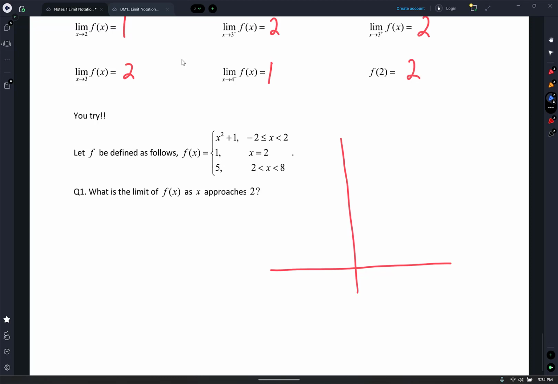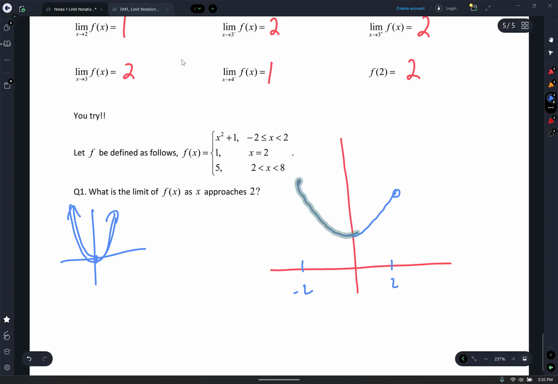Okay, let's relax. Does everyone know how y equals x squared looks? It goes through the origin, like that. So x squared plus 1 looks like this graph, but moved up 1. Negative 2 is right here, 2 is right there, with a solid circle and an open circle.